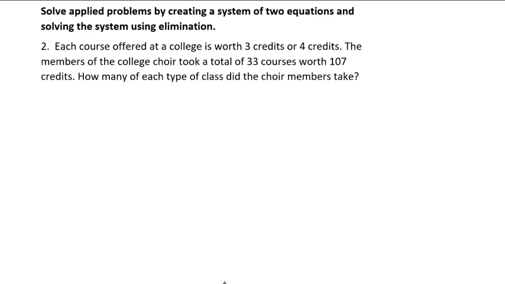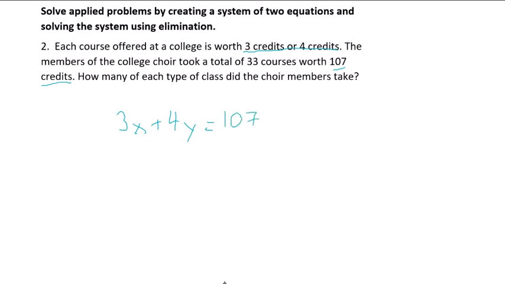All right, each course offered at a college is worth 3 or 4 credits. The members of the college choir took a total of 33 courses worth 107 credits. How many of each type of course did the choir take? So 3 credits or 4 credits for 107 credits. So 3x plus 4y equals 107.